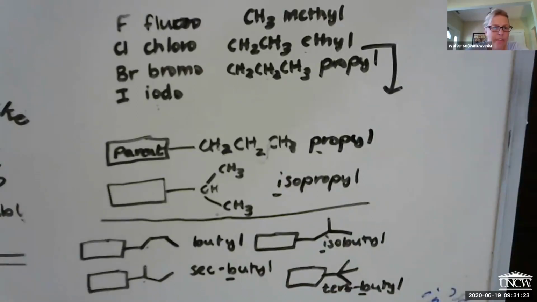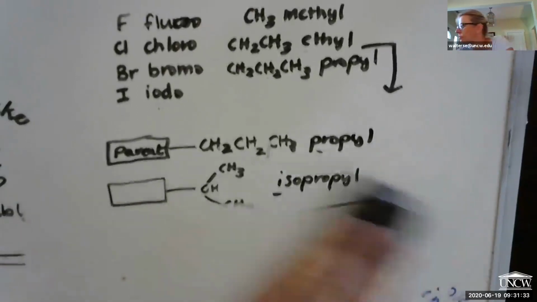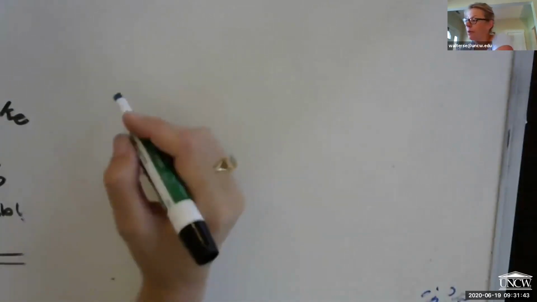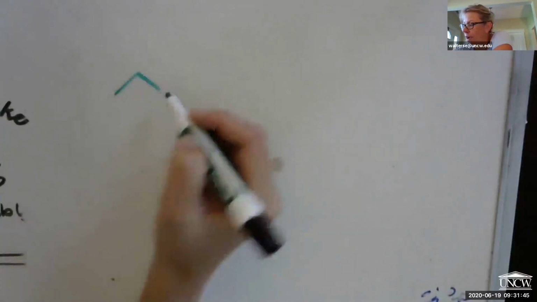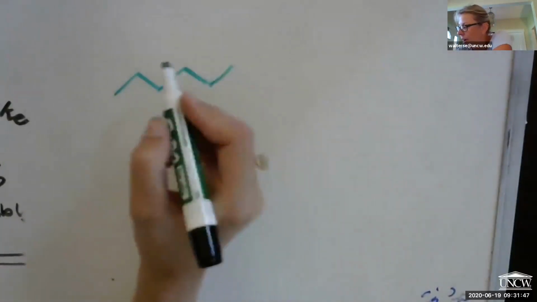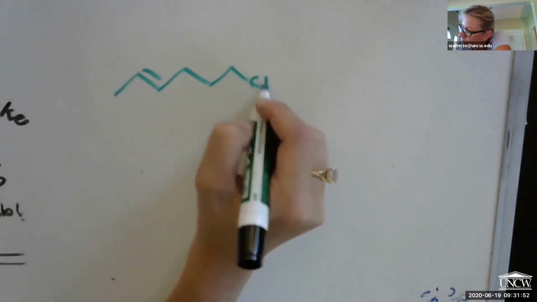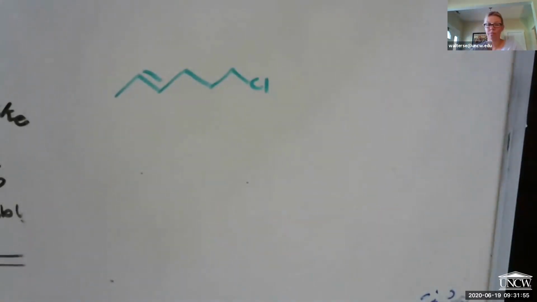Okay, with alkenes and alkynes, they go first in numbering, but not in naming. Well, in that case, the alkene gets higher priority. And the same would be true for an alkyne.